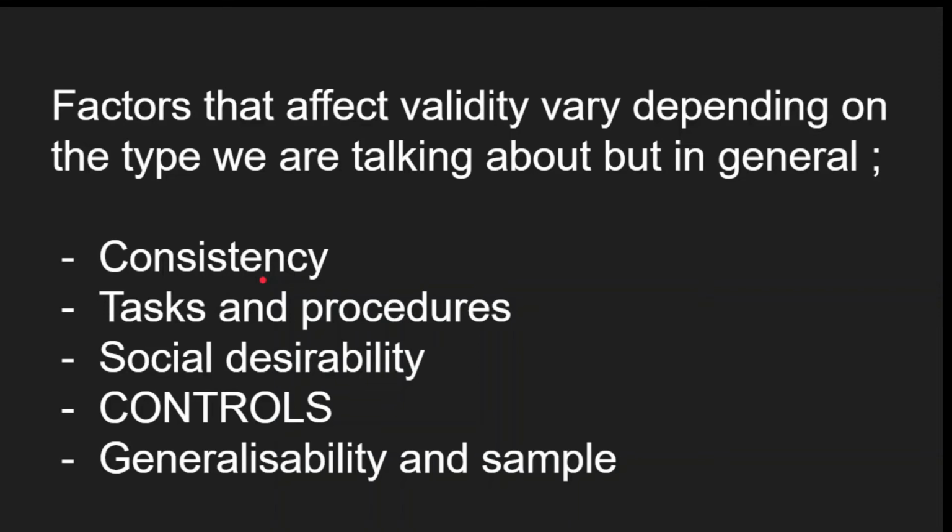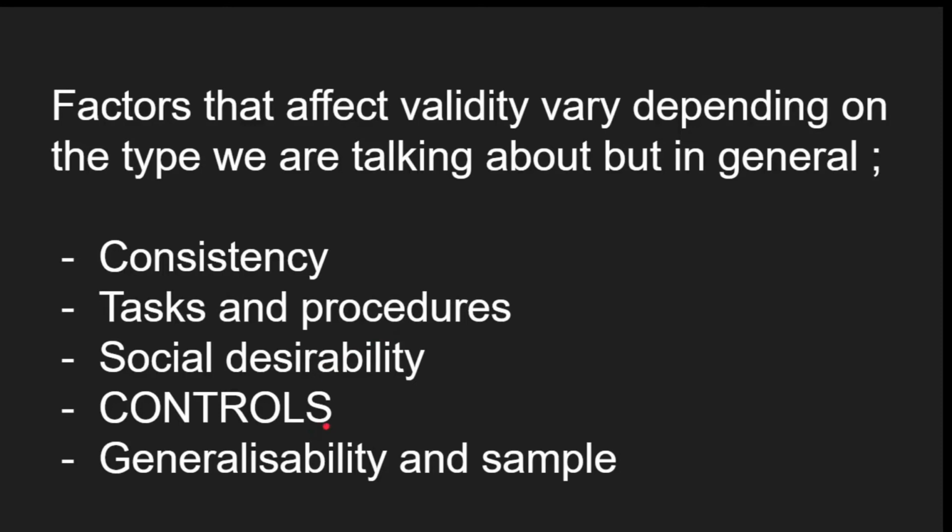If you're using a similar type of procedure and standardization for all your participants, the type of task and the type of procedure, how close it is to real life situations will probably help a lot with ecological validity, and social desirability, basically all confounding variables which controls protect against.